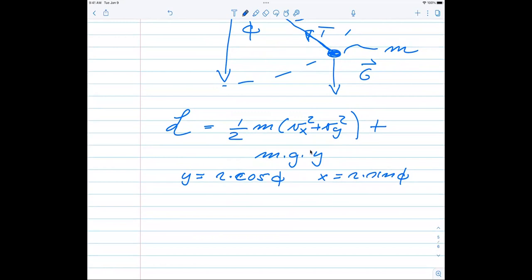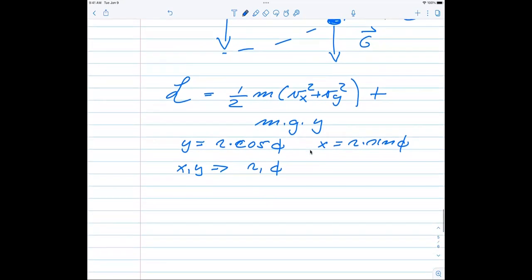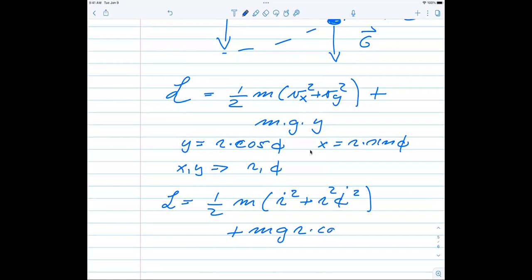The other thing which I'm going to do, since I'm changing x and y to polar coordinates, r and phi, you remember that the kinetic energy is something which we rewrote in polar coordinates as the radial velocity, r dot squared, plus the radius squared. So this is just a transformation of the velocities squared from Cartesian to polar coordinates. And then I get a plus, and then I have an m times g times r times cosine phi.